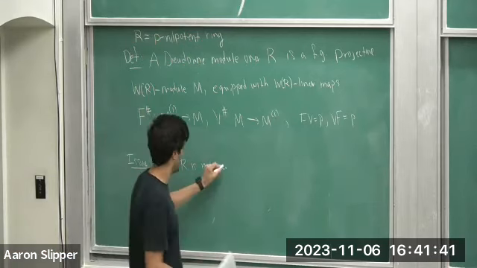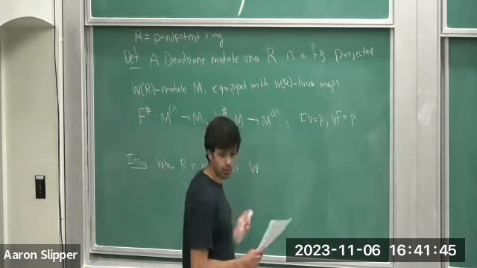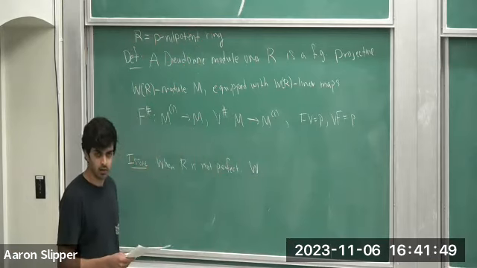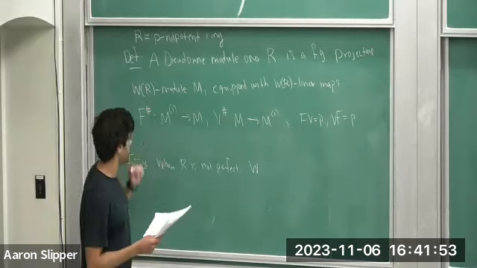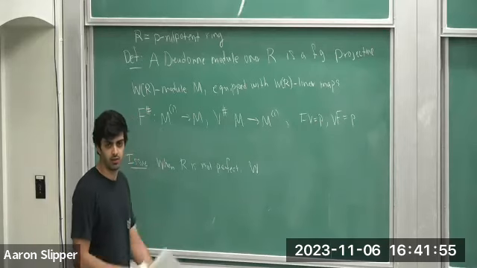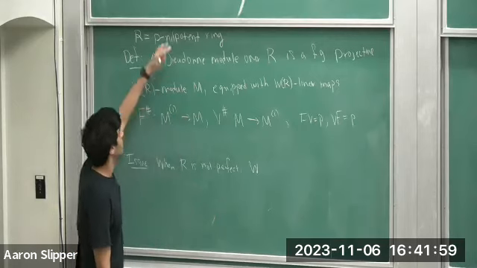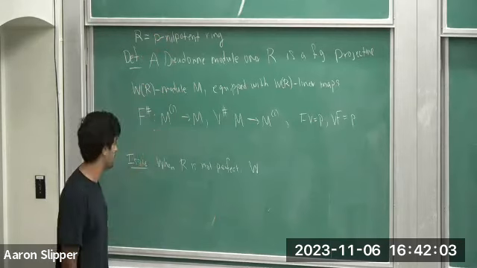When R is not perfect, I'll give the definition of that more precisely, but it's just a way of turning a sigma-linear map into a linear map of a different module.